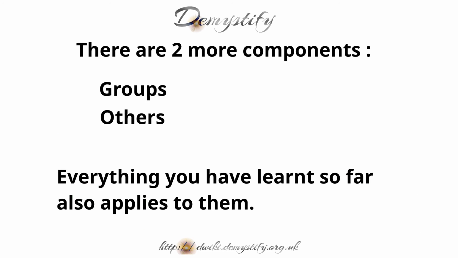Now there are 2 more components, and those are called groups and others. An easy way to think of groups is as groups of users. So for example, if you're working in an office, maybe you work in sales, there's going to be more than one salesperson.